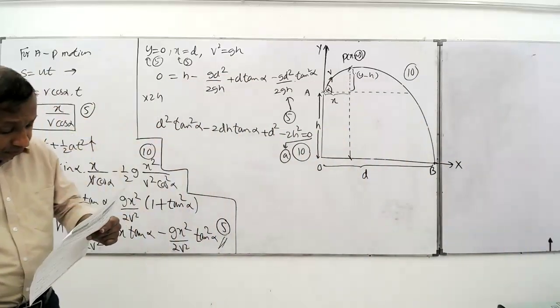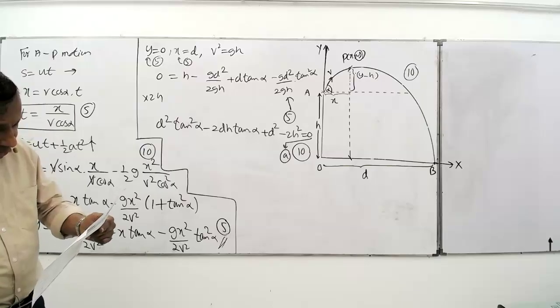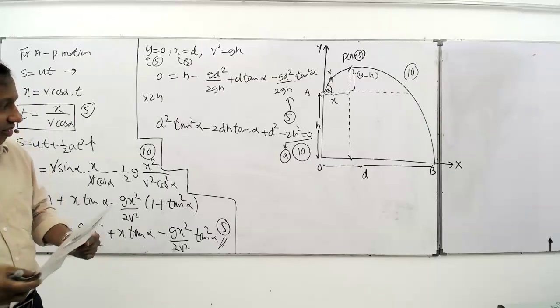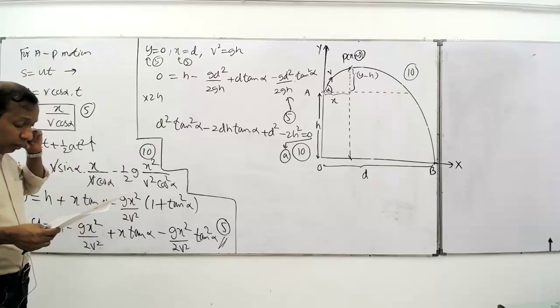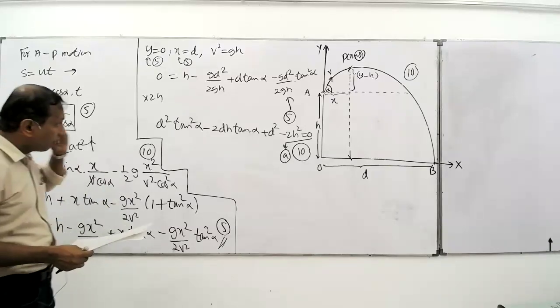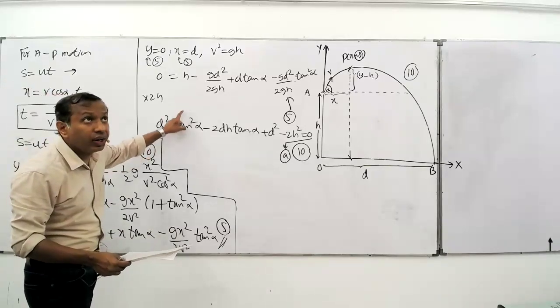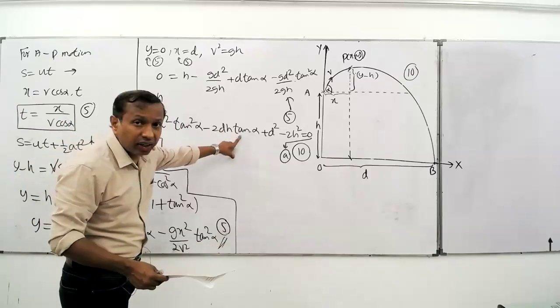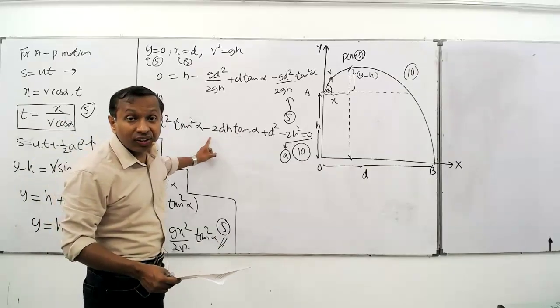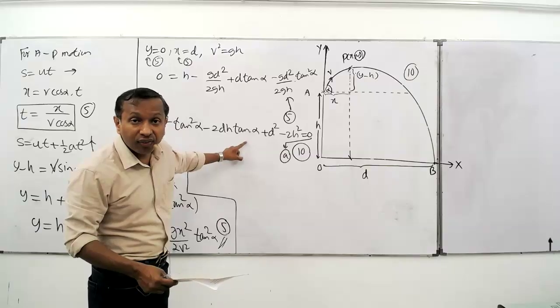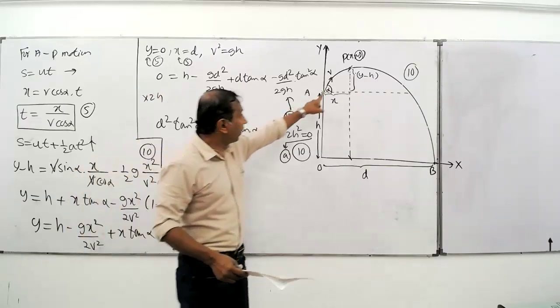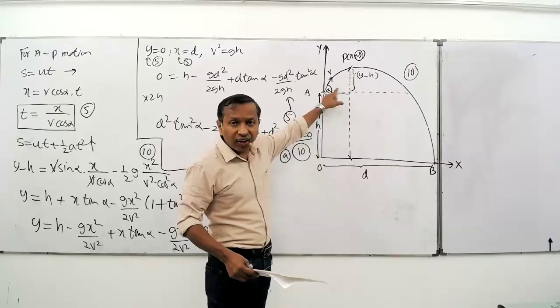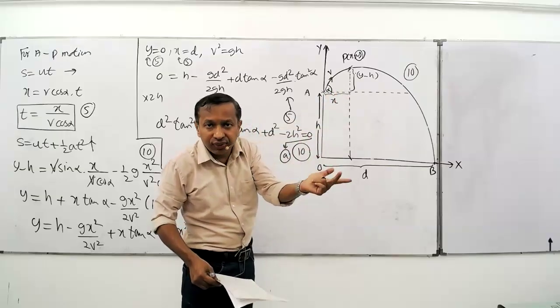This one gives us d less than root 3h. Okay. Now, what is this? Here we have a tan squared alpha term and a tan alpha term. What is this? A quadratic equation in tan alpha. This angle alpha has a certain value. Suppose 30.